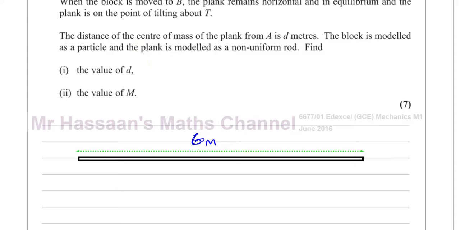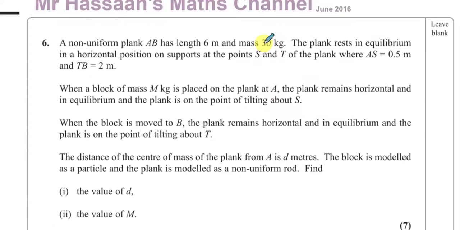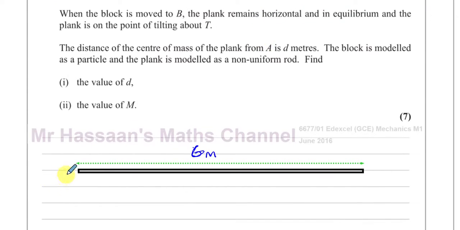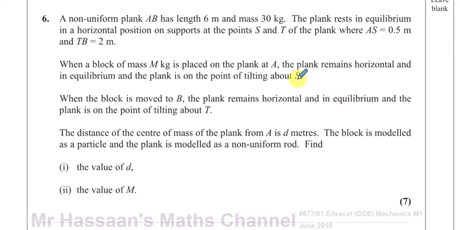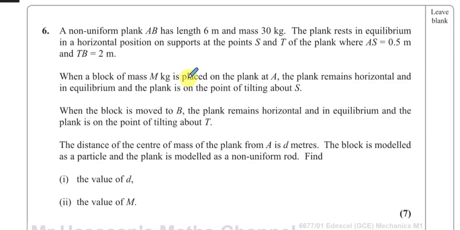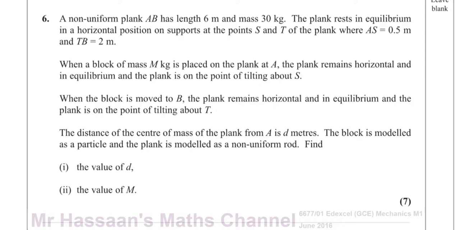The plank is from A to B, so the start of it is A and the end of it is B. And we're told it has supports at S and T, where AS is 0.5 meters and TB is 2 meters. So I'll make this shape here.